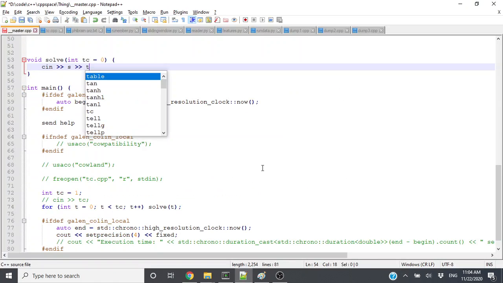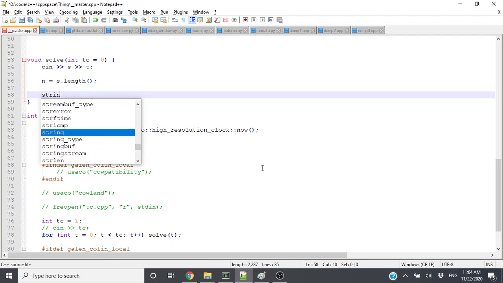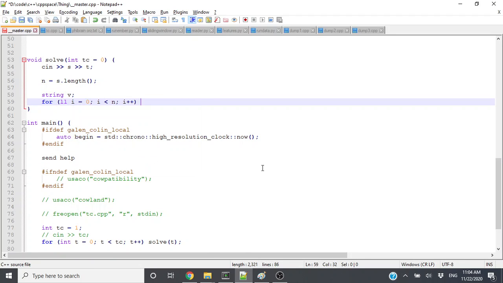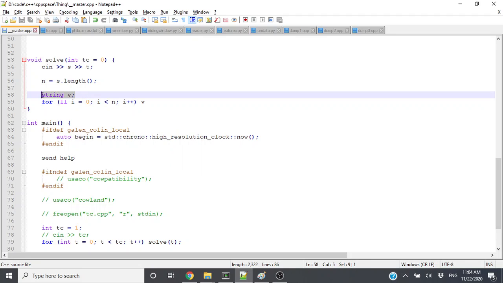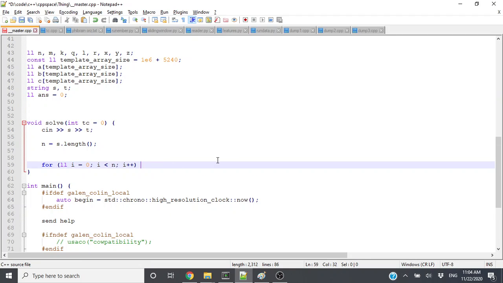So cin into s, t, n equals s dot length, string v, actually wait, a i equals s i is not equal to t i.